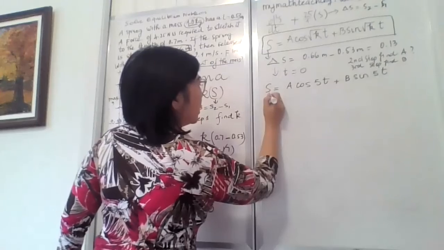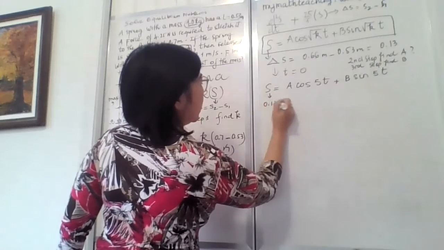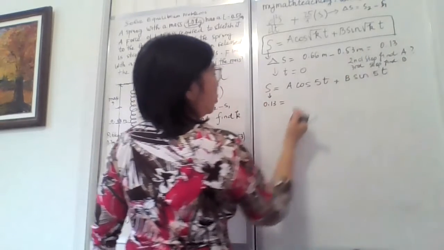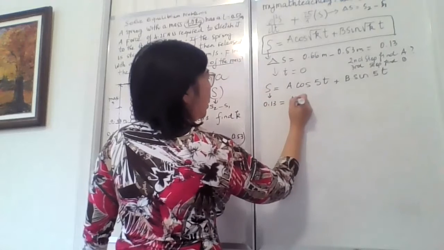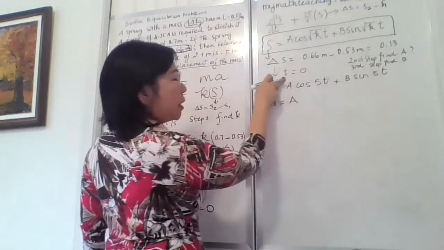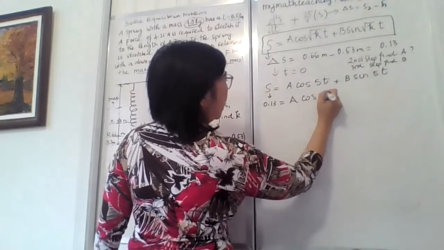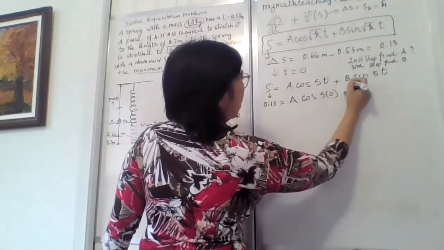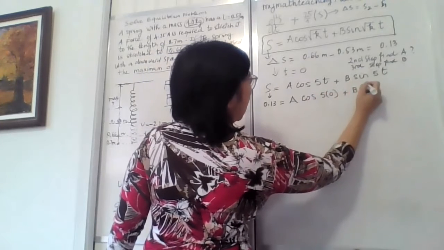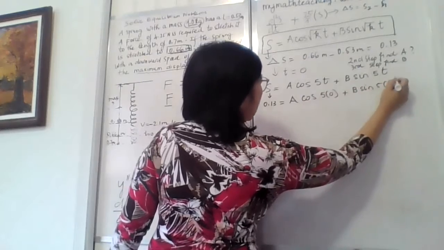So now we replace this by 0.13, which is delta S. And we know that when we release at time t equals 0, so A cos of 5 times 0, adding with B sine of 5 times 0.